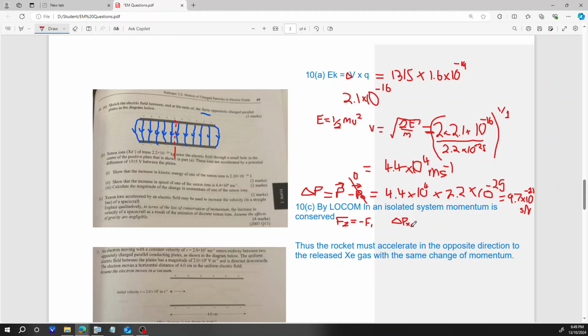So delta P on delta T, which is the force of xenon, is equivalent to the negative of the rocket's change of momentum, so delta P of the rocket on delta T. Same time interval, so you can cancel your delta Ts.